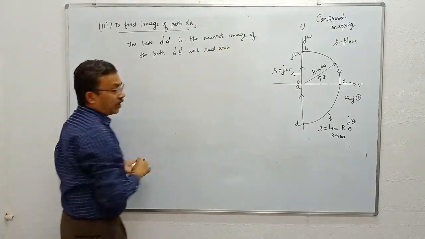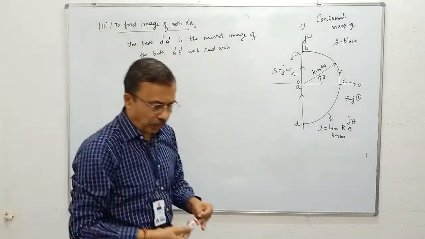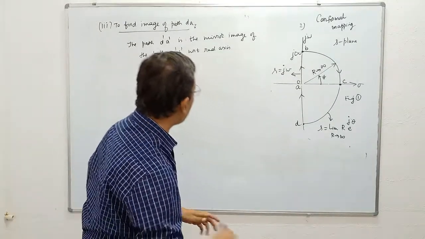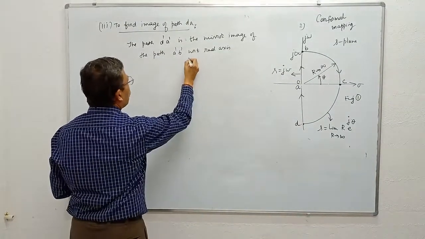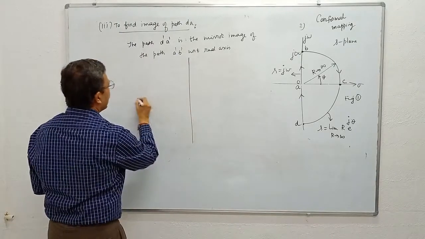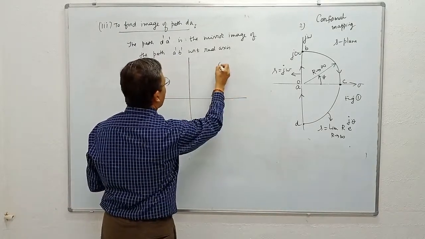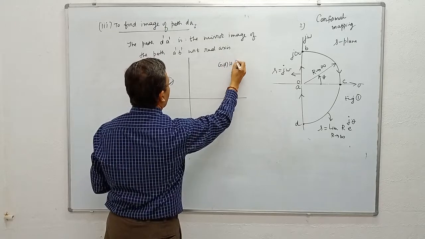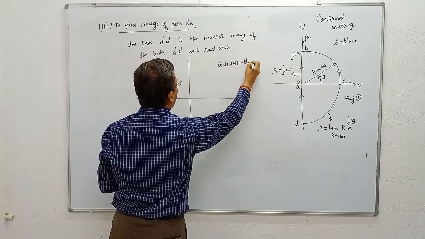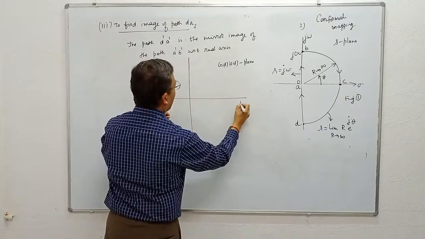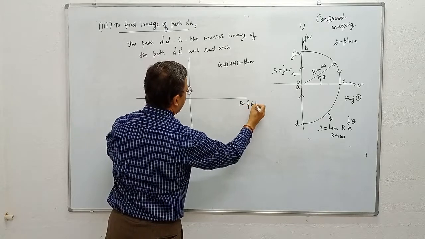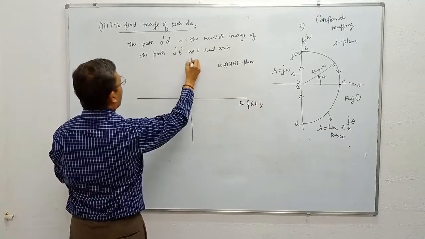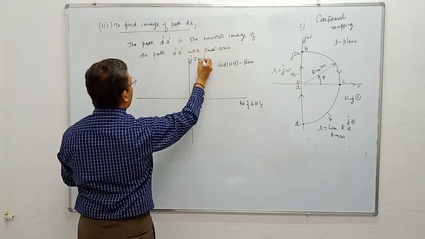In this problem, the critical part is getting the polar plot. Once you get the polar plot, the problem is super simplified. G of S, H of S plane is a complex plane having real axis real of GH, imaginary axis j times imaginary of GH.